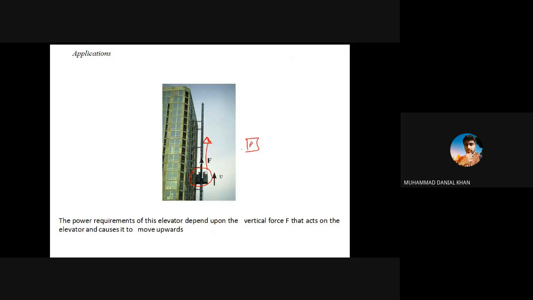So if we know the final resultant load or the final resultant force which, applied on this elevator, causes it to move up, based on this force we can select the required motor. The motor that we select should have the capability to provide the required force to the elevator.